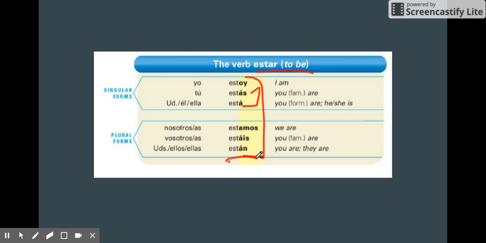Está with an accent mark means to be conjugated, whereas esta without an accent mark means this. So make sure that you always have an accent mark if you're trying to use estar with the subjects tú, usted, él, ella, and ustedes, ellos, ellas.